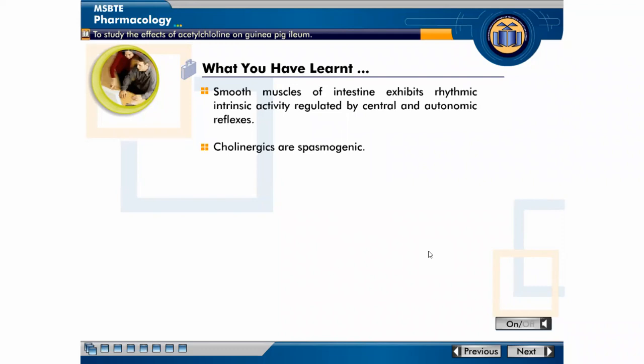So the conclusion of this experiment: it is concluded that acetylcholine causes contraction or relaxation of ileum of guinea pig? Contraction of ileum of guinea pig. This is the conclusion of this experiment.